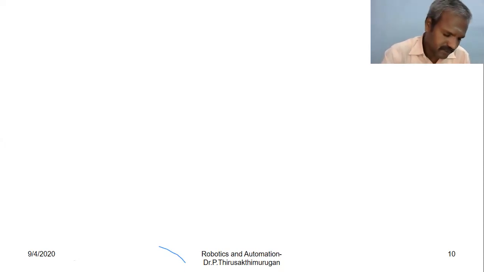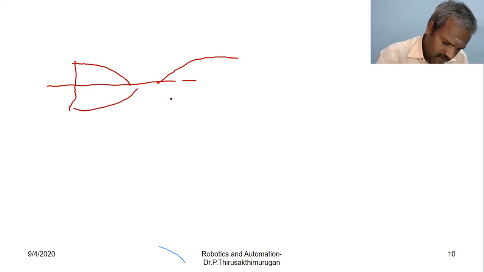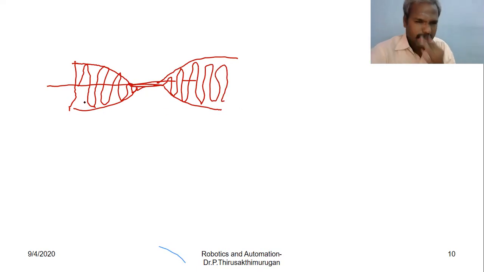I will explain with a diagram. Say this is the oscillator, and this is the demodulator.